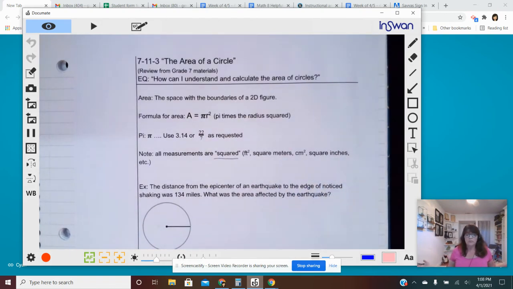Now we're just working with formulas. And honestly, one of the things I want you to get most out of this geometry unit that we're doing, whether we were doing Pythagorean theorem before, we're doing area now, is this: if you are given a formula and you are given the pieces that make up that formula, you should be able to use the formula, even if it's a new formula to you.